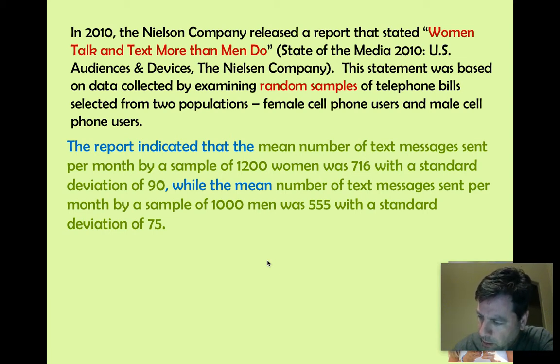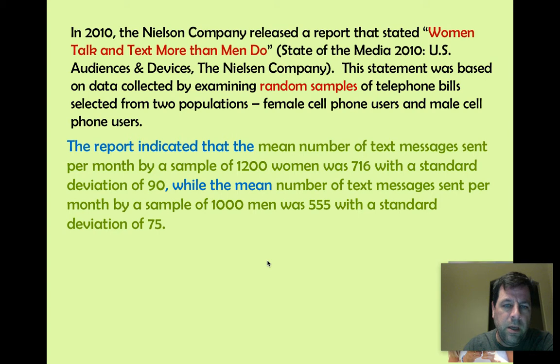N sub W is 1,200, and X bar sub W is 716. That's not 716 out of that. That's the average number of text messages sent, with a standard deviation S sub W of 90.